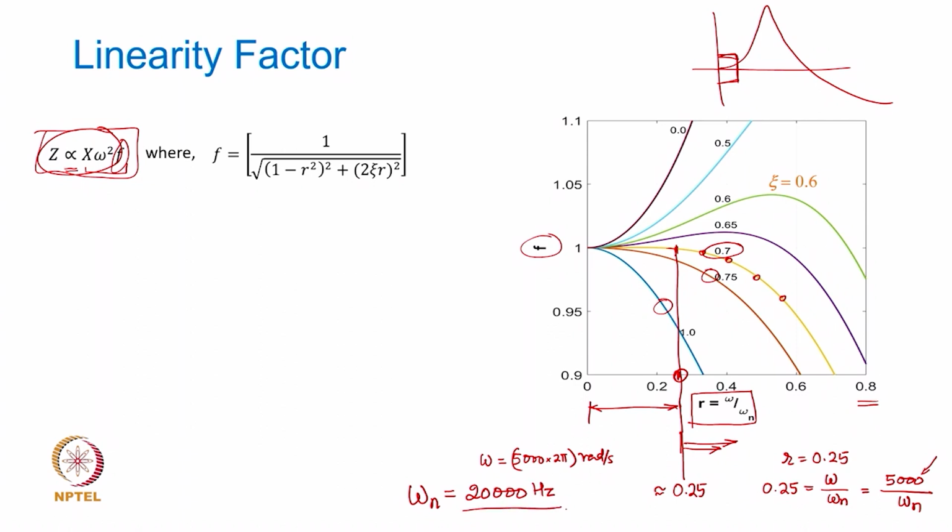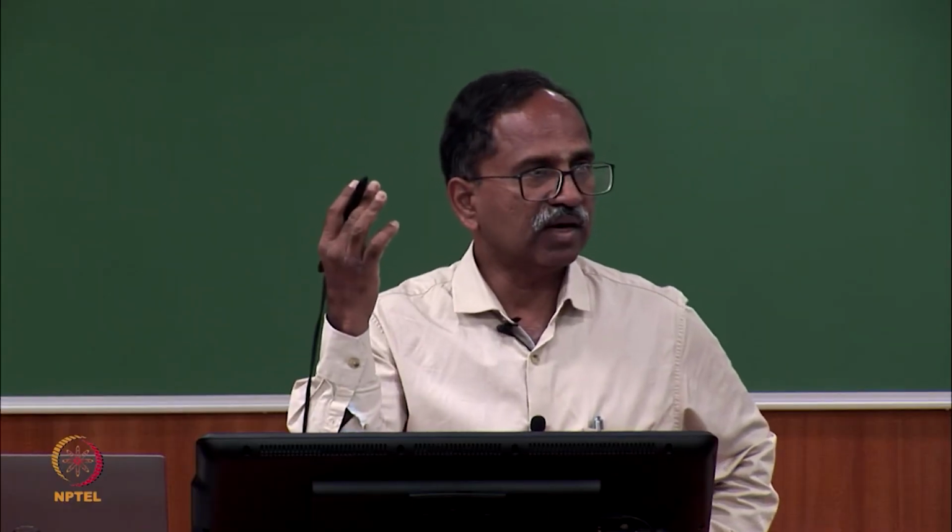Isn't it? 5000 divided by 0.25, that is going to be the natural frequency of my sensor. So, if I am modeling this accelerometer as a simple spring mass dashpot system, then you know that in that small size accelerometer the mass can't be large, right, the way we have in a seismometer.